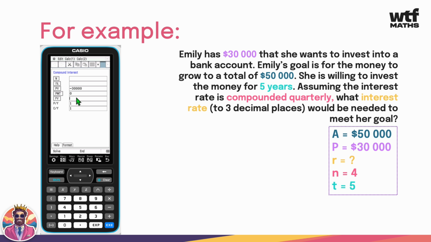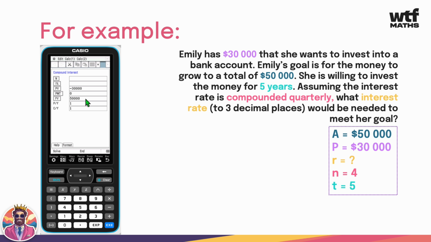We know the future value is going to be $50,000. And at the very end, we want to take the money out of the bank and give it back to us. So this is why we're going to use a positive value of $50,000. The simplest way to think about it is if you're giving money to the bank, use a negative. If you're getting money out of the bank, use a positive. So we want this to be $50,000 at the very end.